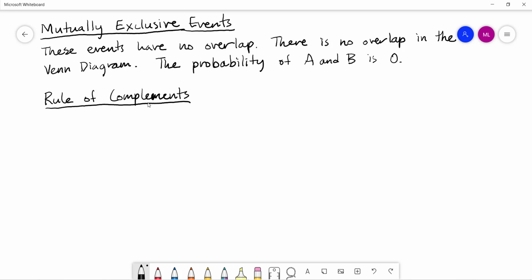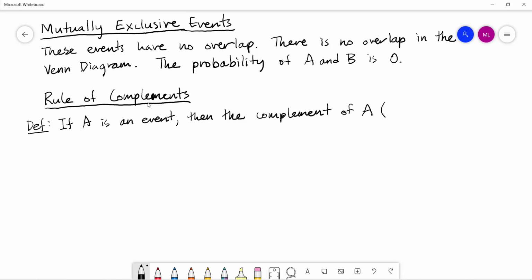weird. So let me write down our definition. Okay, so if A is an event, then the complement of A, which will be denoted using the letter A with a little c up in the place that we would normally put an exponent, so it's a little superscript up there, is also an event.